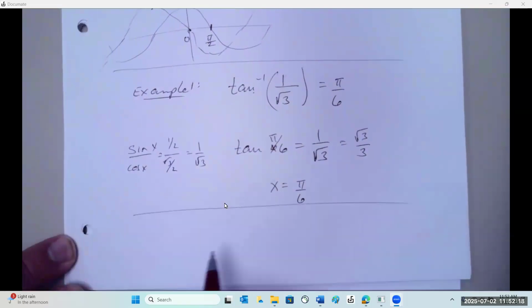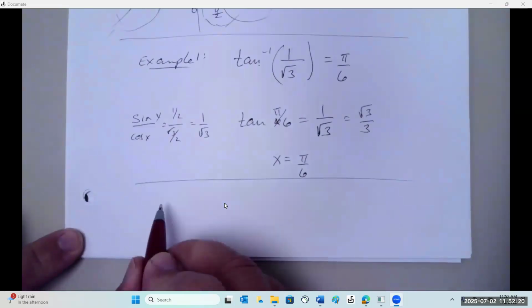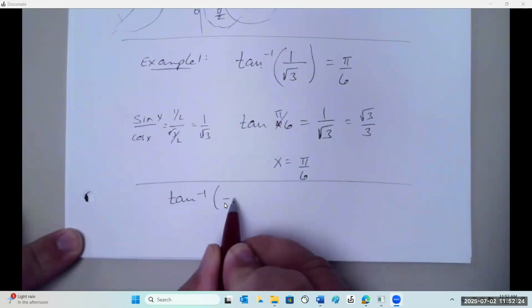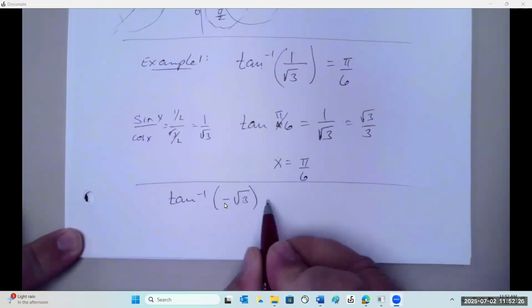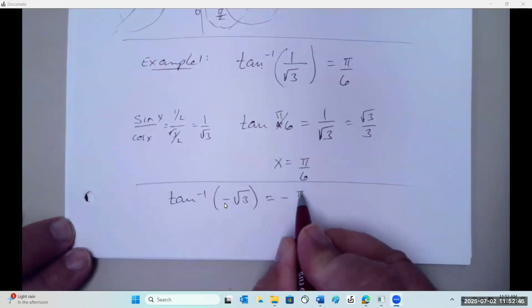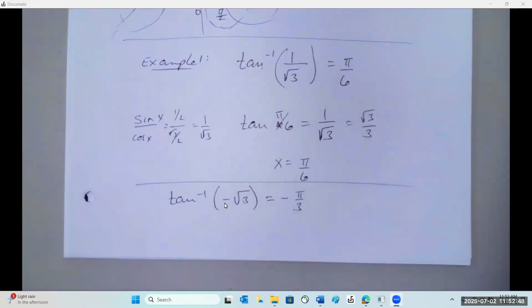Okay, so what would it look like if we did the inverse tangent of negative radical 3? What would that one be? Right, because now that's the second one that you're looking at. That's the negative pi over 3. Why is it negative?